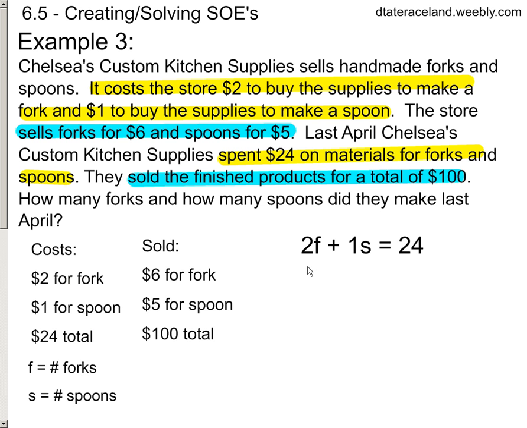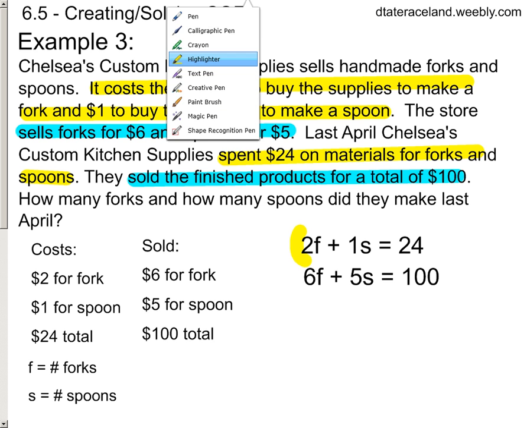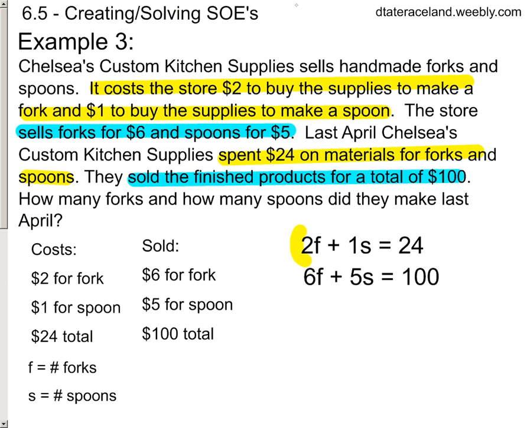And now we can do the exact same thing for the sold category. $6 for a fork plus $5 for a spoon is going to be $100. So I'll drag this over here. And we've got our 2 equations. We can go solve. I'm just going to multiply it by -3.